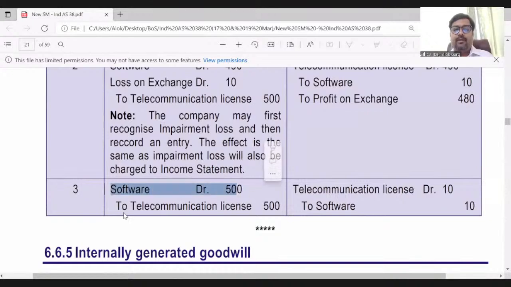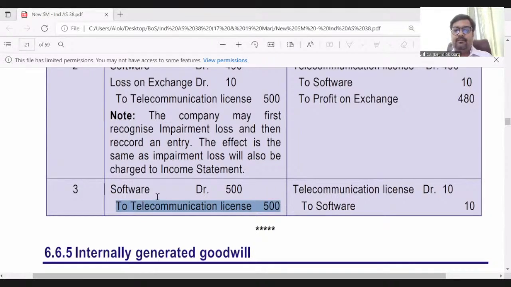Software account debit to telecom license, which is 5 lakh. Clear? There is no profit, no loss. Why? Because whatever is the carrying value in the books of accounts, you have recognized the asset acquired at that value.